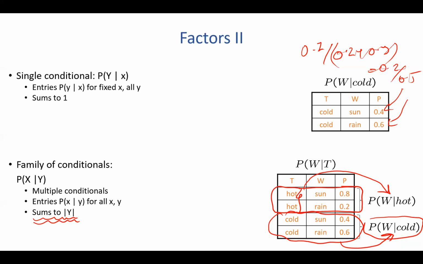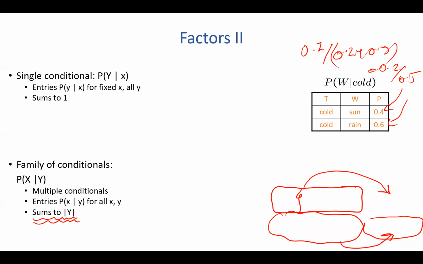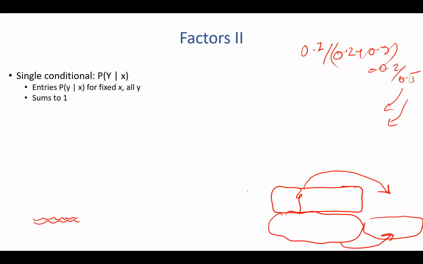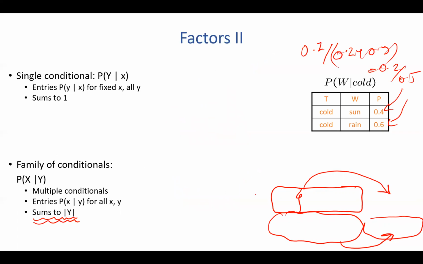Something like this, probability of weather given cold. So we look at only the rows that have cold, like this, cold and sun and rain. We get the sum of these 2, and then we divide each entry by the sum of them, which is 0.5. So that's another factor that we can have.